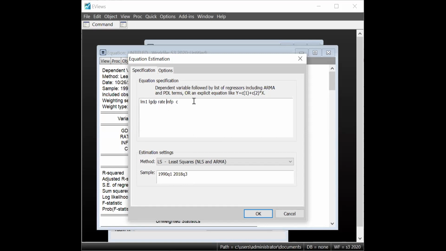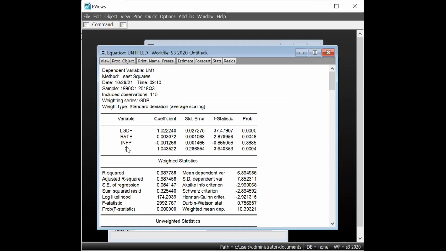Inflation is in percentage also. So we now have two variables in terms of percentage. In this model, GDP is positive, significant, interest rate negative, significant, but inflation is negative, not significant.